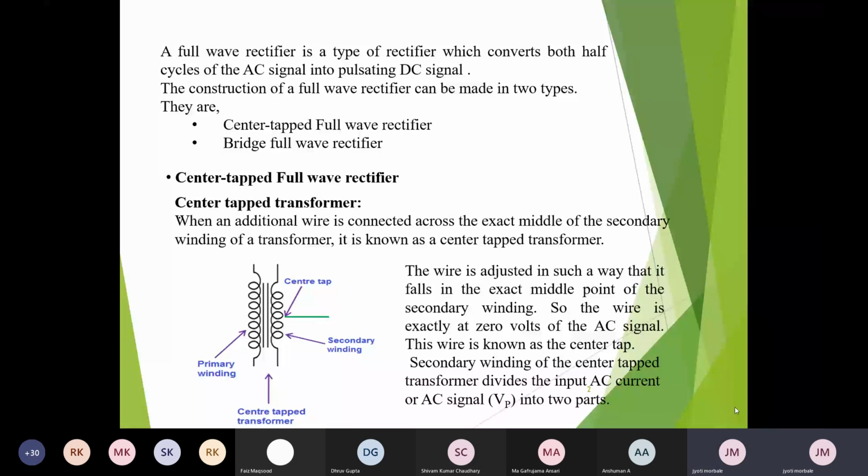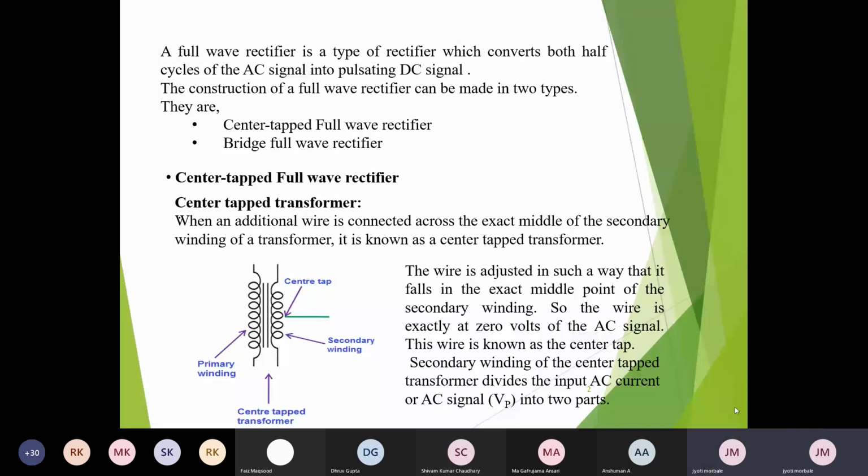At the secondary side, at the right hand side, we have three connections. One at the upper side, another at the lower side, and one extra connection coming from exactly the middle of the secondary winding of the transformer, and that middle point is called the center tap.